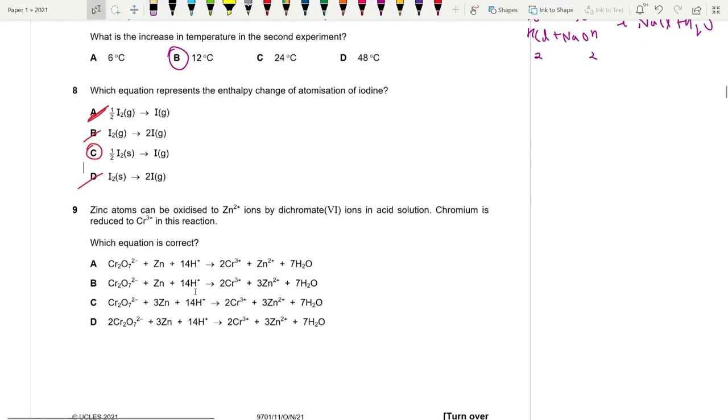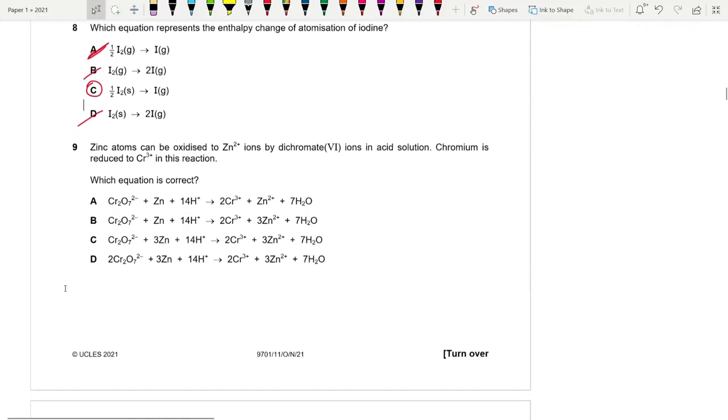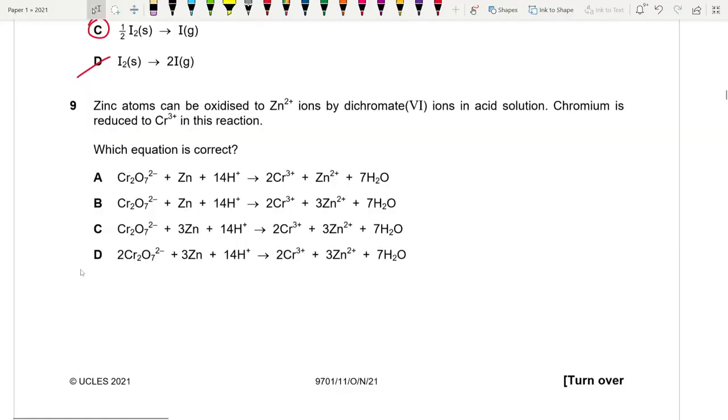Okay, it's C. Zinc atoms can be oxidized to Zn2+ by dichromate in acid solution. Chromium is reduced to Cr3+. Which one is correct? So really important, guys. Chromium in Cr2O7 has a charge of plus 6. It goes to plus 3. So it has gained 3 electrons, but since there are 2 chromium atoms, it actually gains 6 electrons.